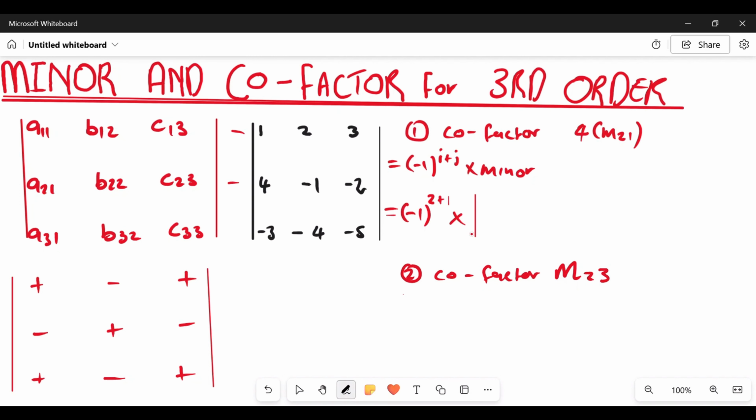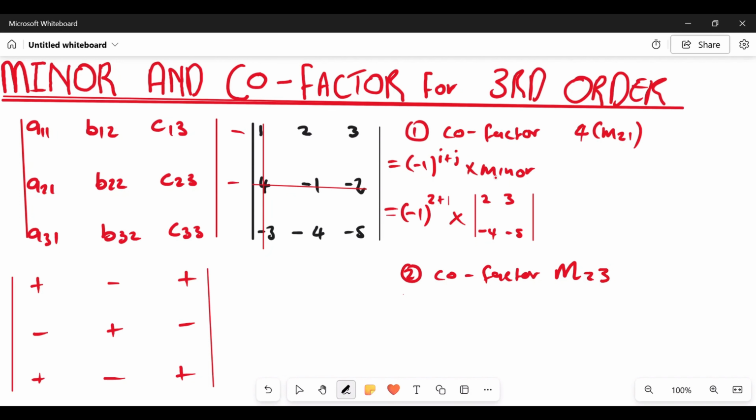Now our minor, how do we get our minor? Remember, we need to find the matrix for this minor. So we delete the row where 4 is and the column where 4 is. The matrix that we are left with is 2, 3, -4, and -5.